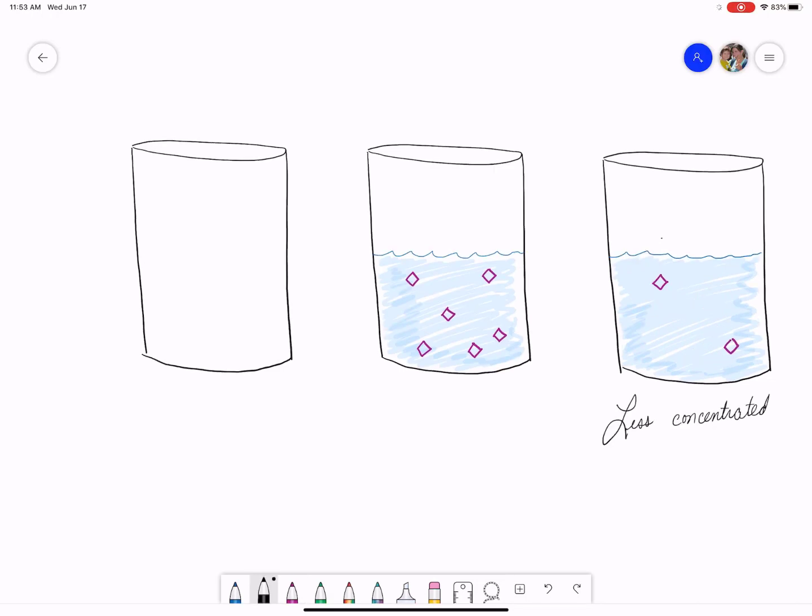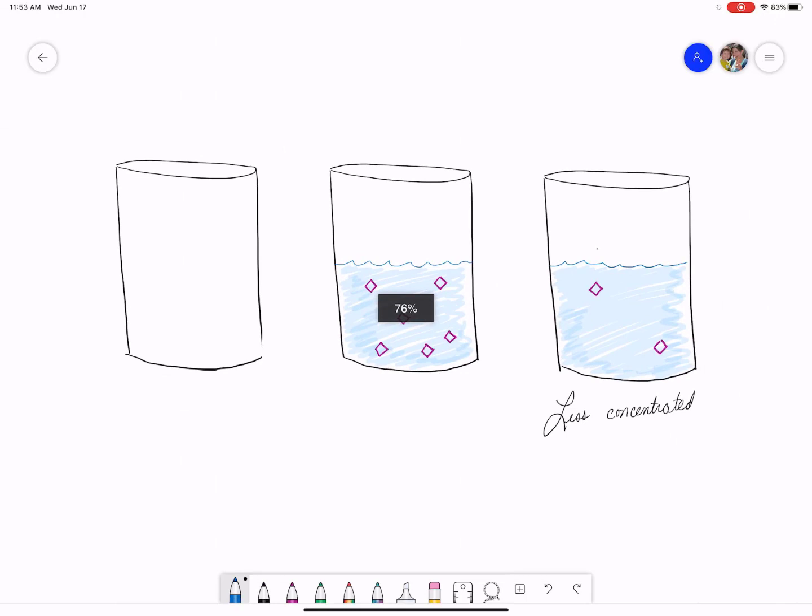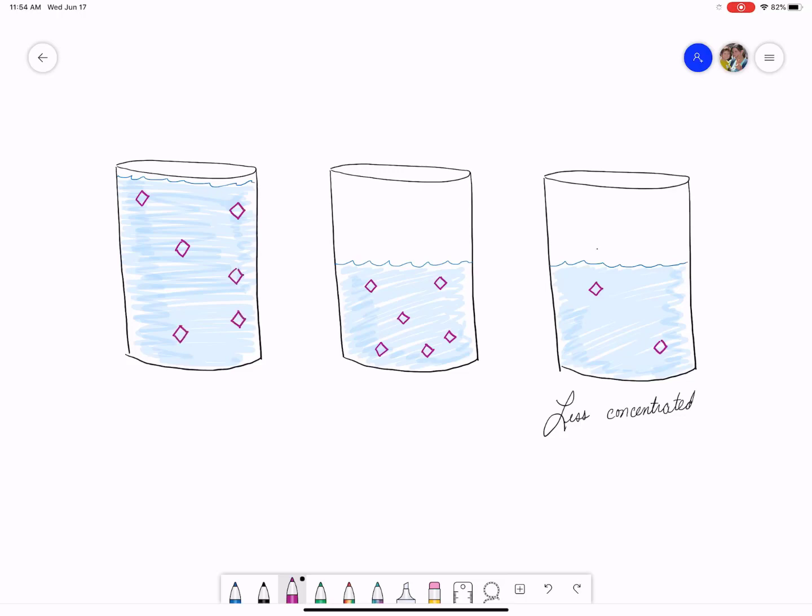But there's another way that I could make that original beaker less concentrated, and that is simply to keep the same number of diamonds, but expand the amount of water that it's dissolved in. So both of these drawings show a less concentrated solution of diamonds.